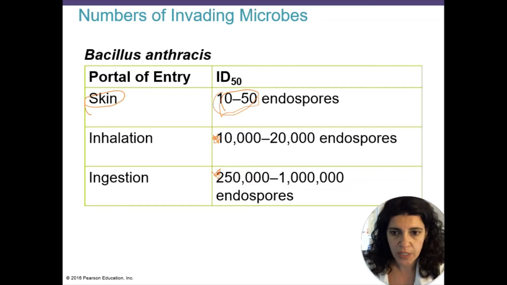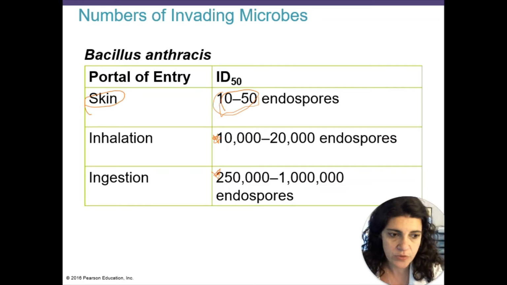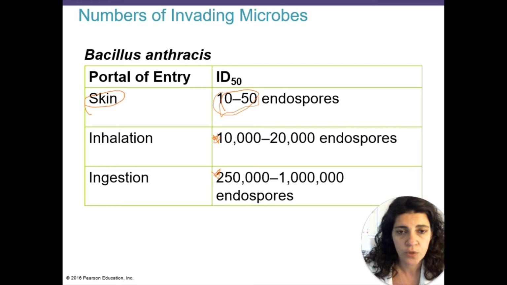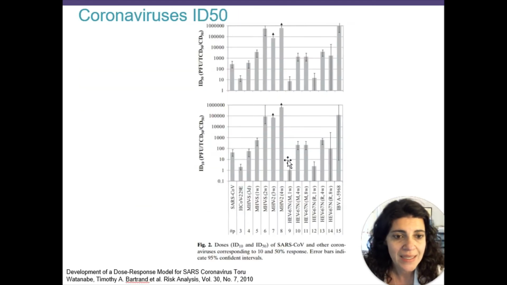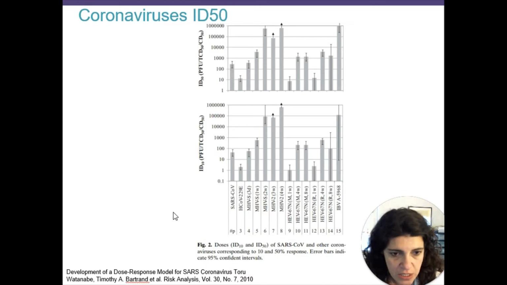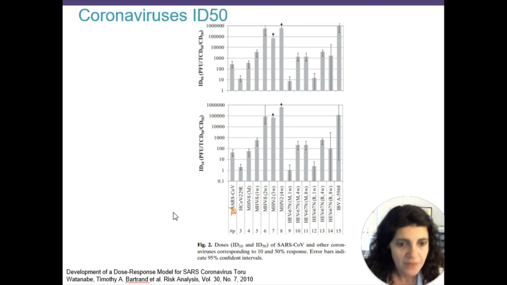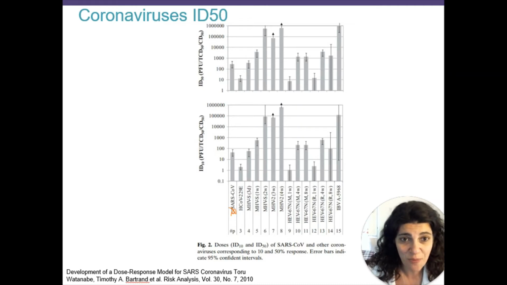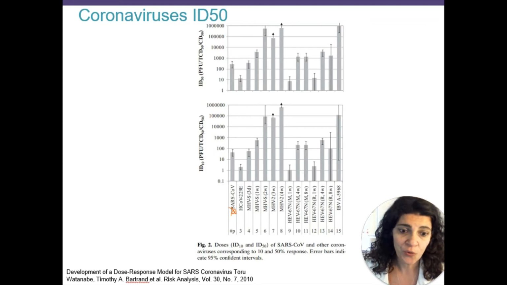the more virulent that microbe is, okay? Another example, since all we talk about in the world is the coronavirus. The ID50 for the coronavirus is here. This is actually an older study, we don't have this information really, at least until now, for humans.